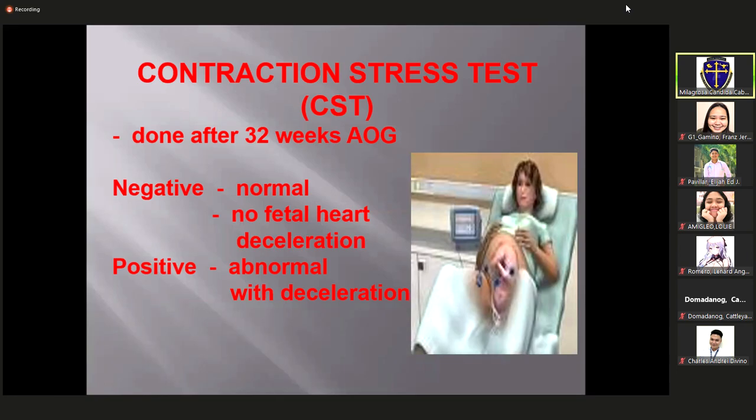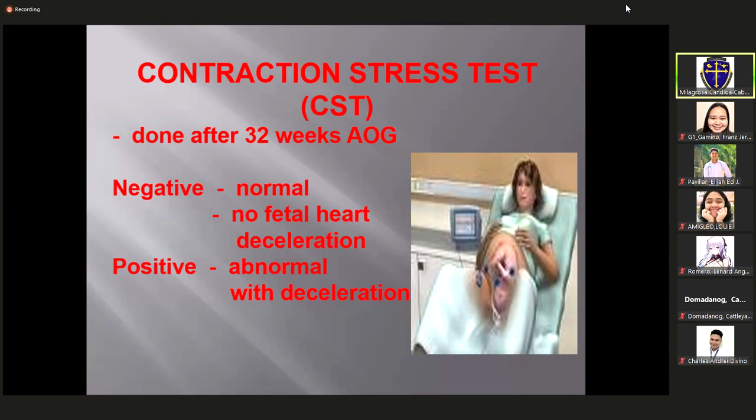Oxytocin po ang ginagamit na medication to stimulate the uterus to contract. The other way would be your nipple stimulation. This would also cause uterine contraction. Alright? With stimulation of the nipple, oxytocin will be produced by the body. So, ang mangyayari, magko-contract po si uterus.